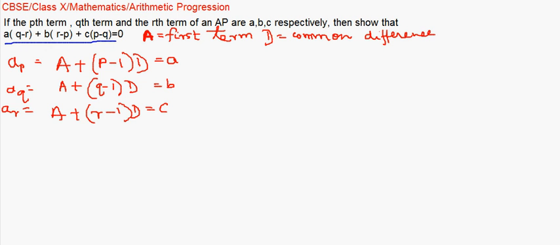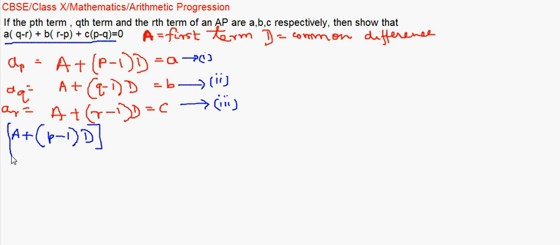Now let me take up the left hand side, the LHS of the equation which we have to prove. I'll start replacing this a with the first equation. Let me just name them to help ourselves. The first equation: a can be replaced as A plus (P minus 1) D, multiplied to (Q minus R). This is the first part.